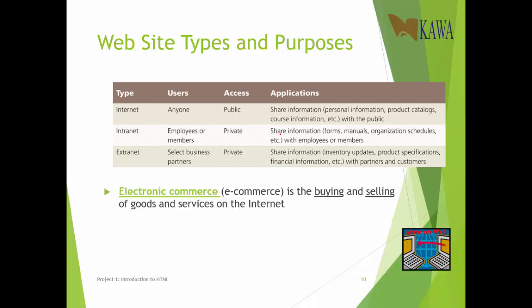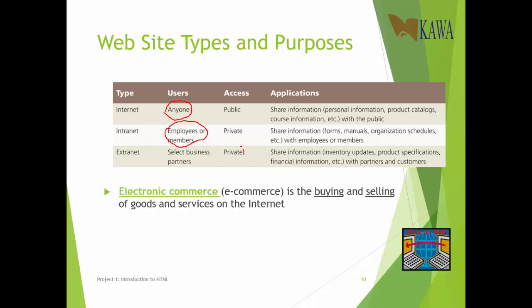As you hear the word intra, these are specifically designed for organizations and employees, members, and it's a private network. So these ones share information, forms, manuals, organization schedules, etc. with employees and members of that organization. I think here we can see the difference. This one can be accessed by anyone, but the intranet is for only a selected organization and its members.